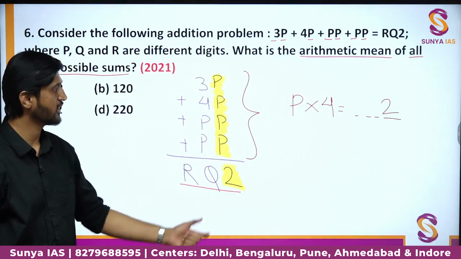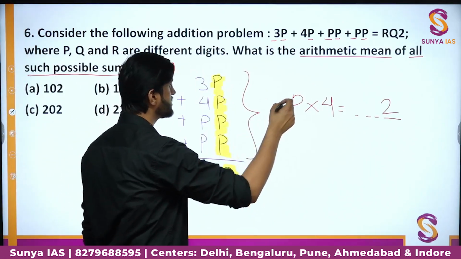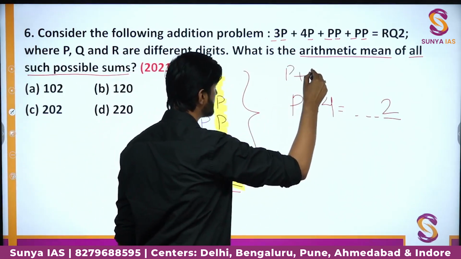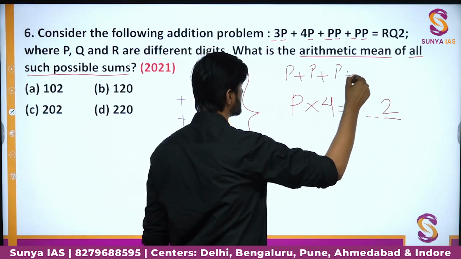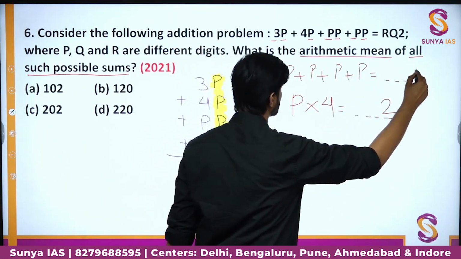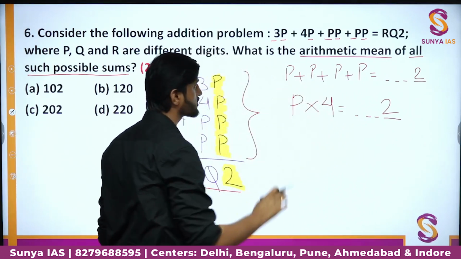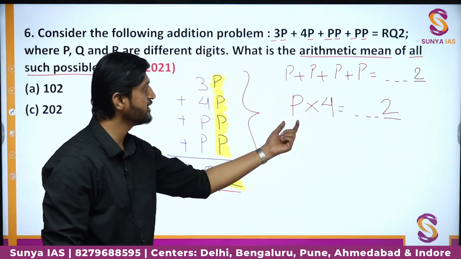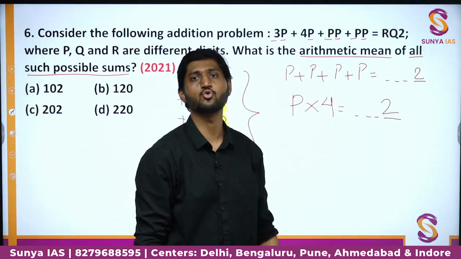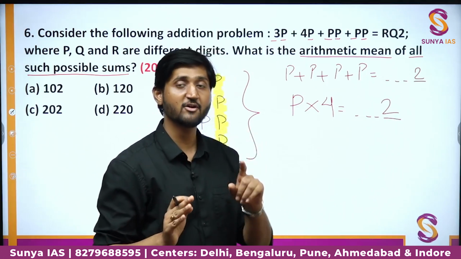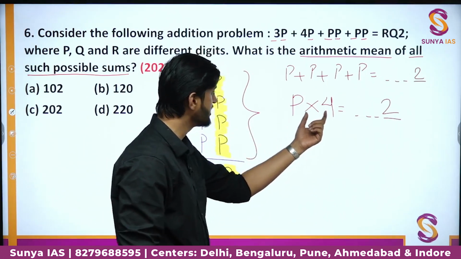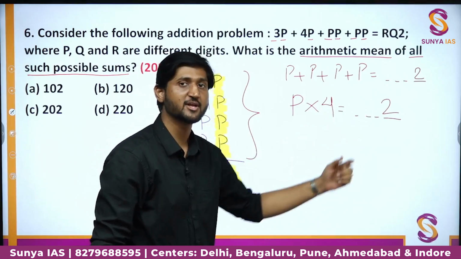Now we have the last digits as P plus P plus P plus P, and the ending is coming out to be 2. So this 4 times P is nothing but 4 into P, and the last digit is coming out to be 2. Now we have to think of all such digits which when multiplied by 4 leave 2 as the last digit.